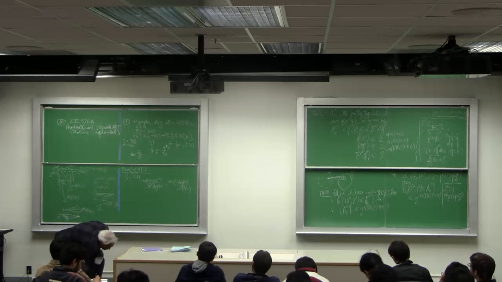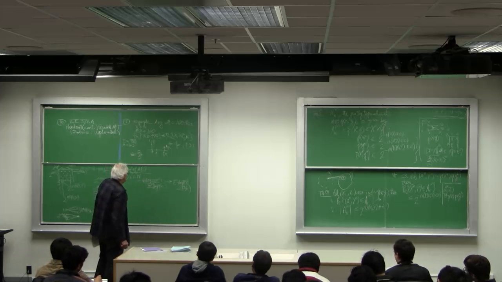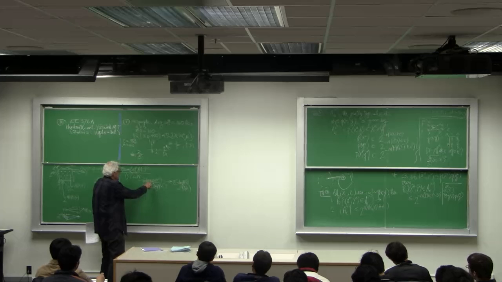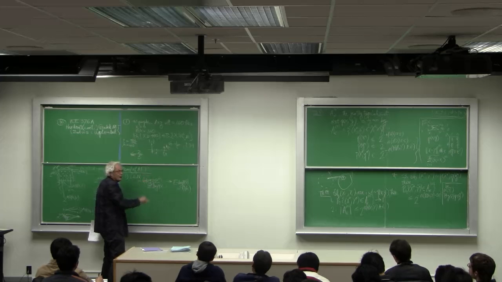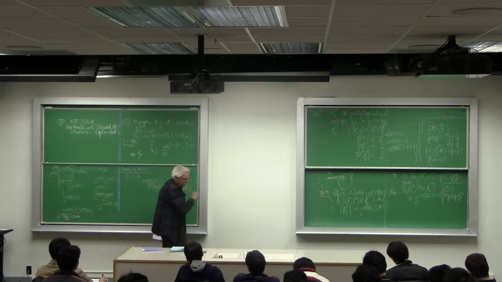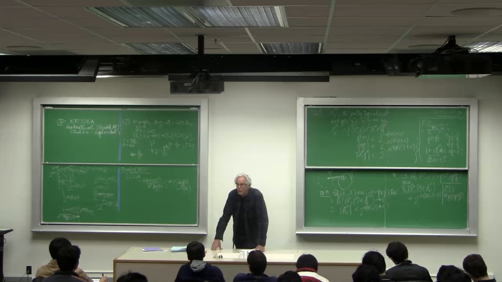So a sequence xn drawn IID according to p of x will be epsilon typical with extremely high probability for large n.